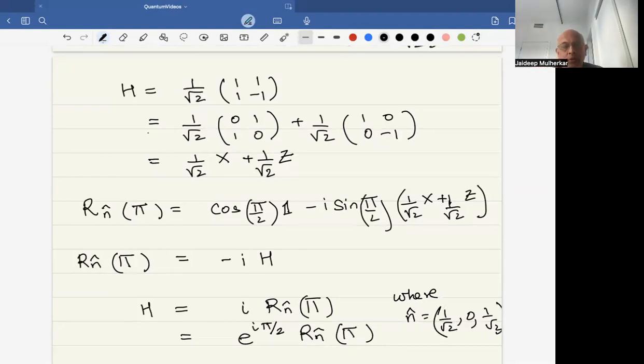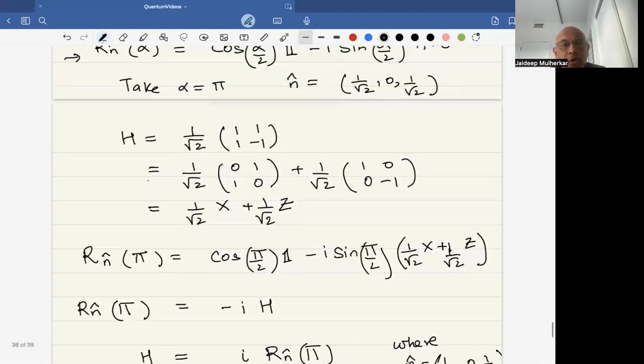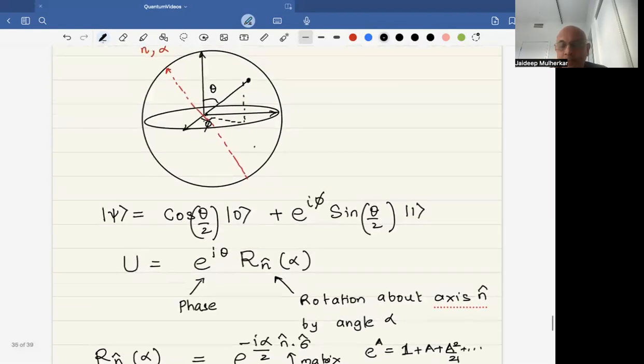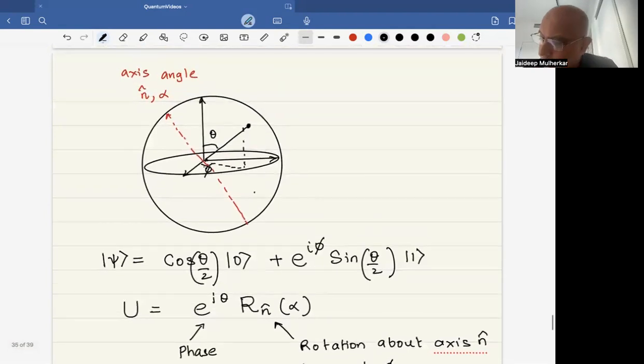Right? So what is this rotation? If I look at the Bloch sphere, this is my x-axis, this is my y-axis, this is my z-axis. And in the xz plane is the vector n. So there is this vector which is passing through the plane, and the rotation is by angle pi about this vector n.